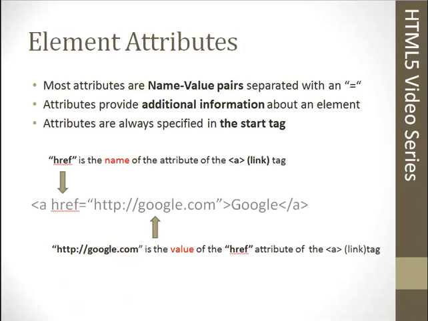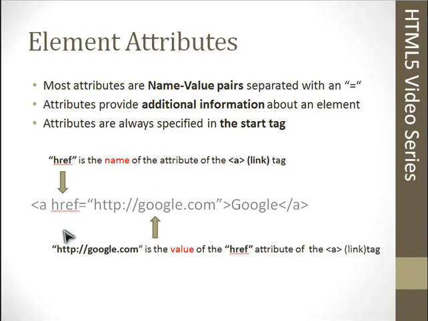So all tags have attributes, or can have attributes, and there are a number of different kinds of attributes. We could have the width or height as an attribute, the style, and as we have here, the href attribute, which is a URL. Most attributes, if not all, are in a name-value pair separated with an equal sign.